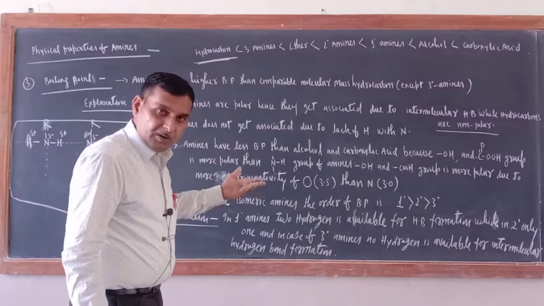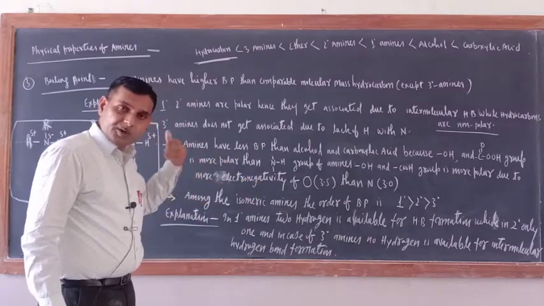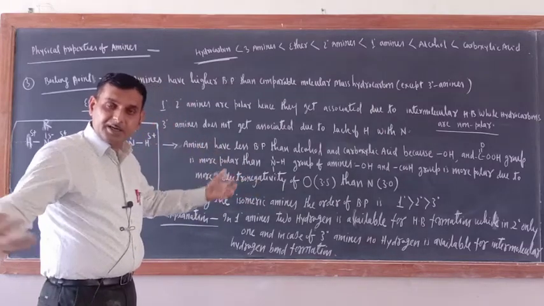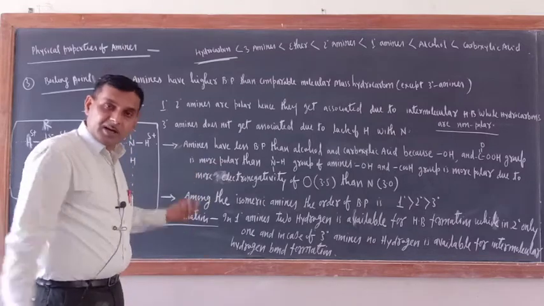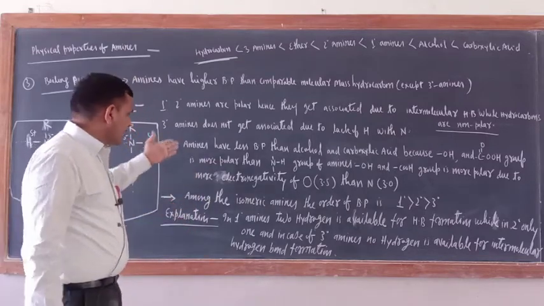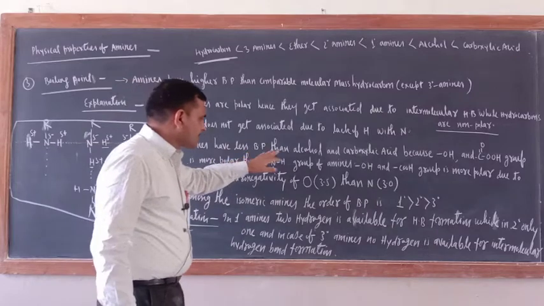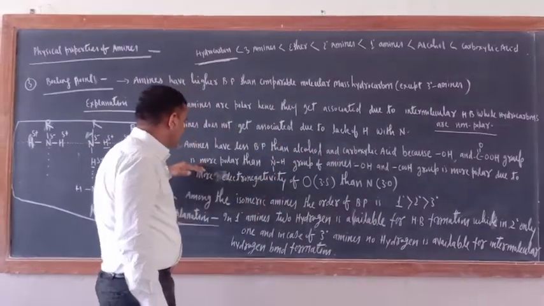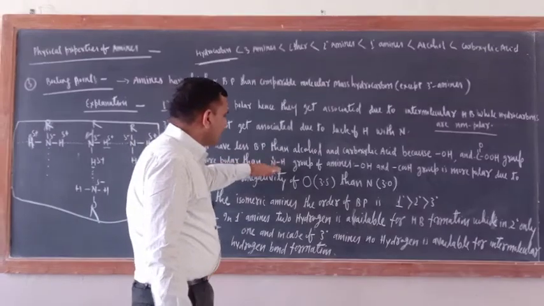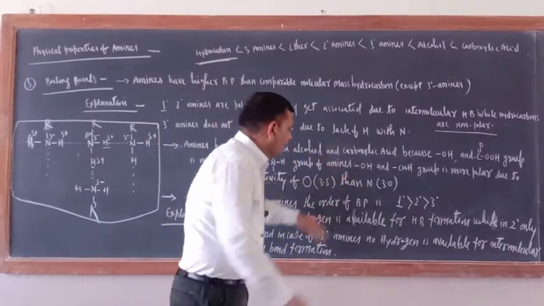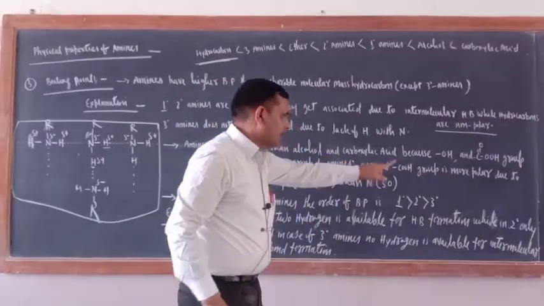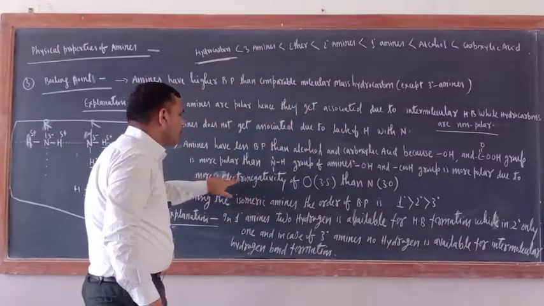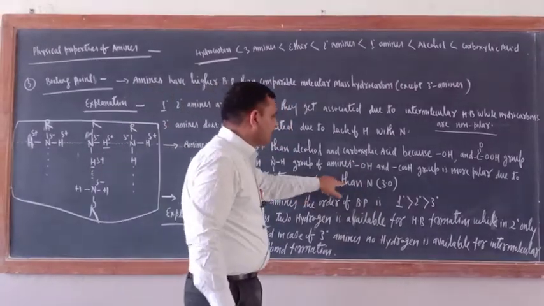OH and COOH group will be more polar. So greater the polarity, greater will be the intermolecular hydrogen bonding. Okay, so that is only written here. Amines have less boiling point than alcohol and carboxylic acid because OH and COOH group is more polar than NH group of amines. OH and COOH group is more polar due to more electronegativity of oxygen than nitrogen.